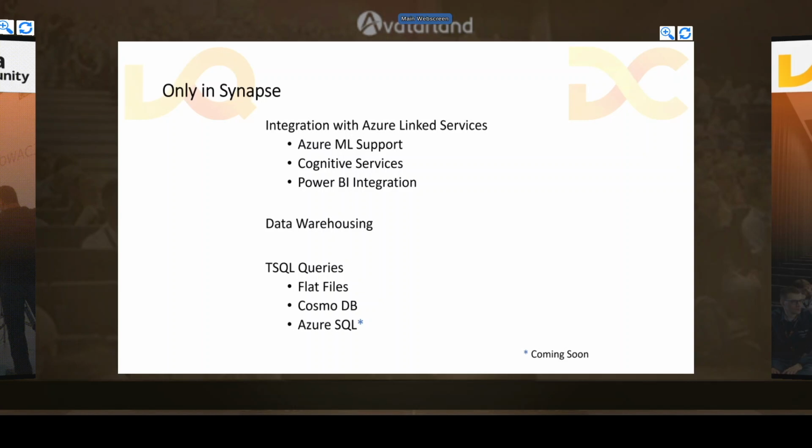So within data warehousing, it allows you to do TSQL queries from flat files, integrate Cosmos DB, and create virtual databases that you can use in any kind of environment. So it's got a different scope that's available within it.